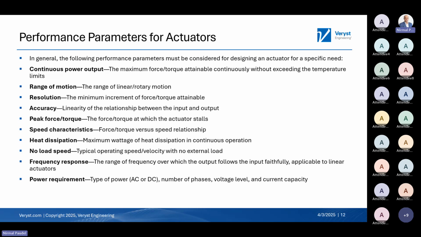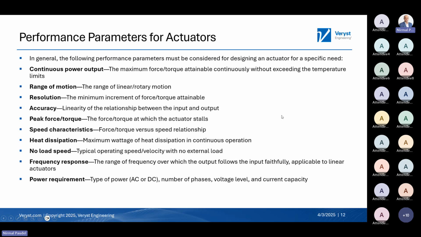Similarly, for accuracy, you can obtain the motion, but is the motion linear with respect to the input or not? That's called accuracy. And then also we want to know what's the peak force or torque that is achievable, and then the speed characteristics. If you're, for example, in the circuit breaker, there are certain requirements to turn on and off the vacuum circuit breaker. You need certain speed to generate that impact.